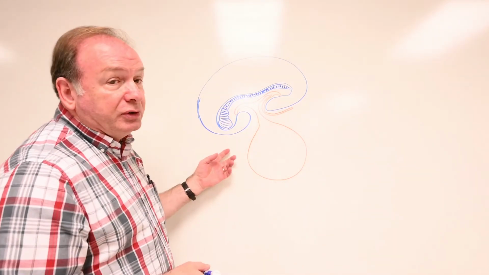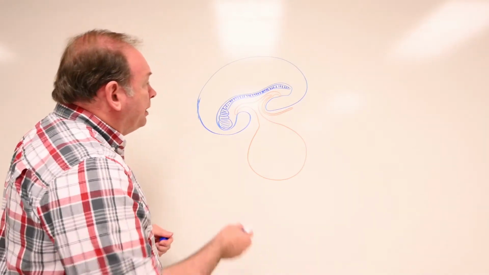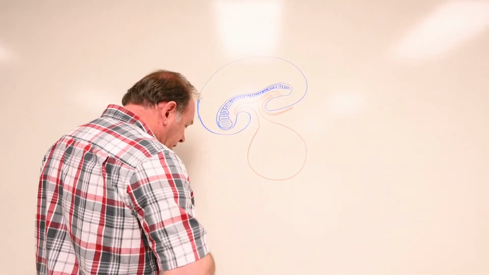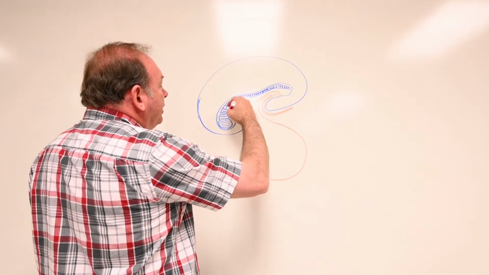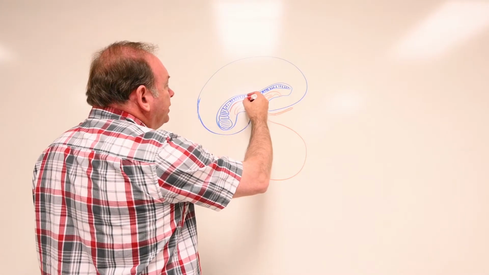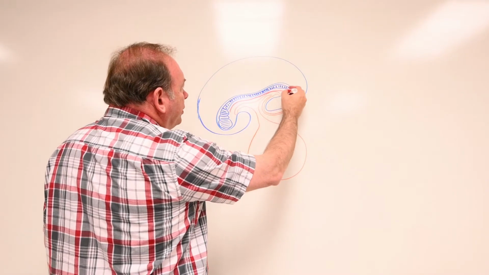So I'm going to put some mesoderm on this now. Remember, there is mesoderm, need red for mesoderm, down the middle underneath the spinal cord right here. That is the notochord, right? The notochord down through here.